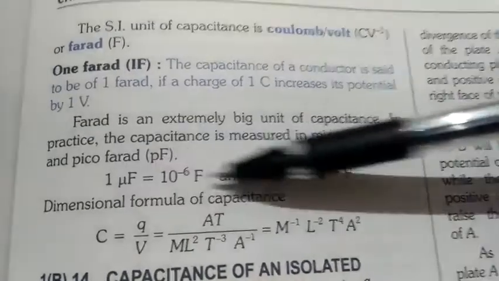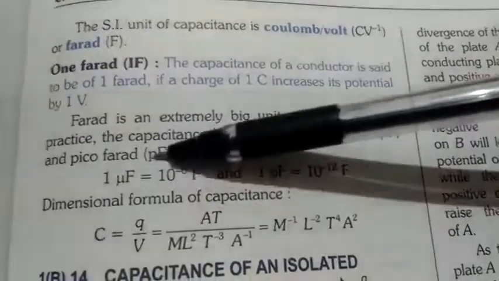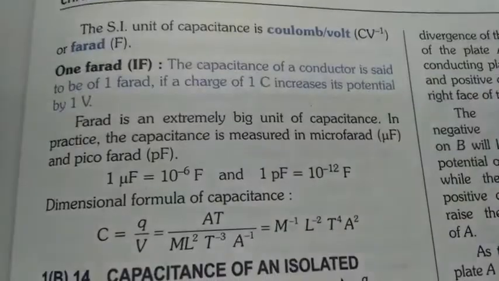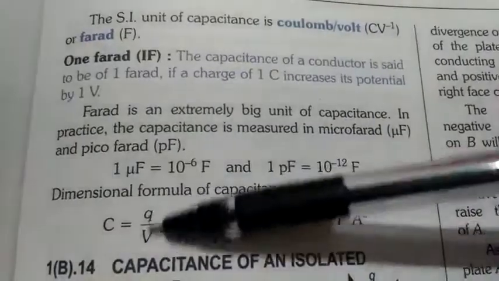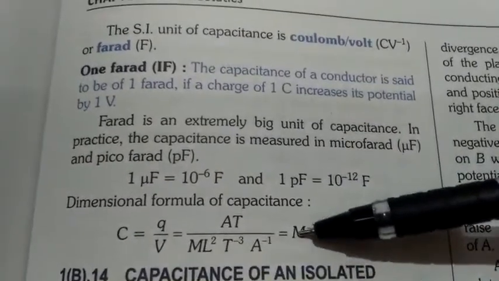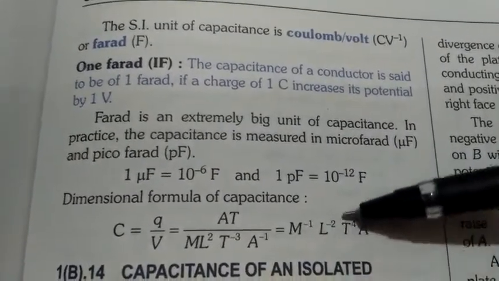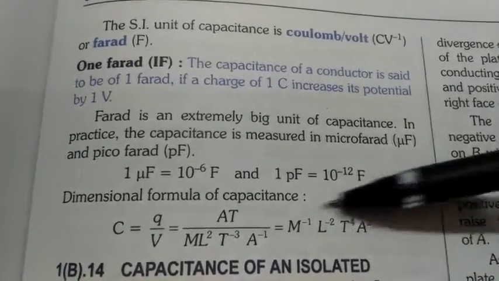Whenever you have micro, that means 10 to the power minus 6, and pico means 10 to the power minus 12. From this formula we can also derive the dimensional formula for capacitance, which is M to the power minus 1 L to the power minus 2 T^4 A^2. This is the dimensional formula of 1 farad.